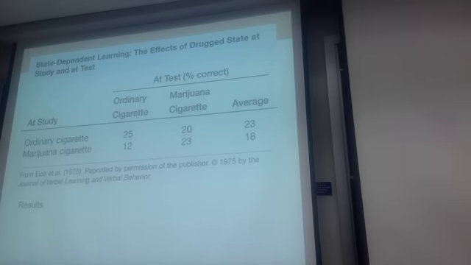If they learned the words when they were smoking marijuana, they did quite well at recalling those words when they were again smoking marijuana, but not very well when they were smoking a cigarette. So again, it shows the context matching effect. That's what happens with the context itself, like the physical environment, with your mood, and with your drug-induced state as well.